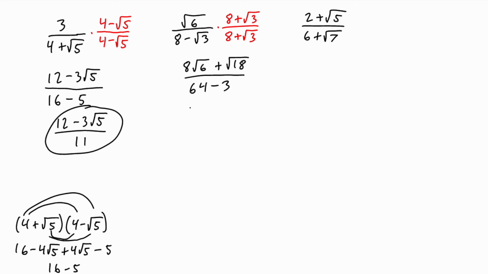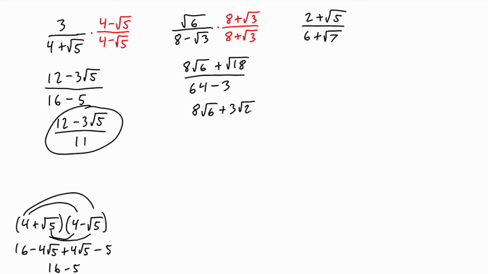So on the top, we have 8 square root of 6, and we do have to simplify the square root of 18 here. So what's a perfect square you can divide out of 18? 9. And the square root of 9 is 3. And what's 18 divided by 9? 2.